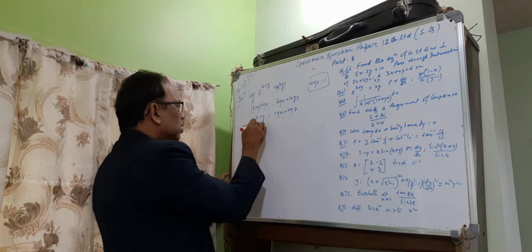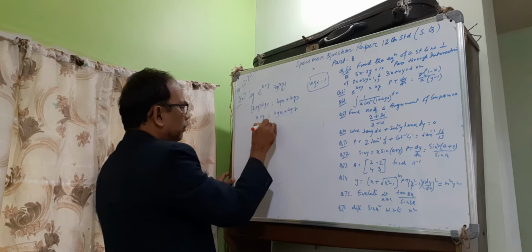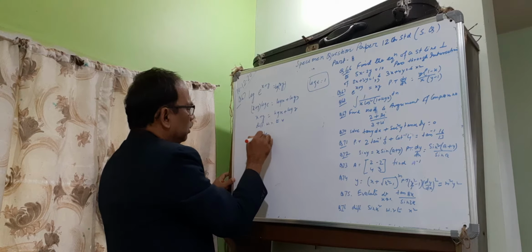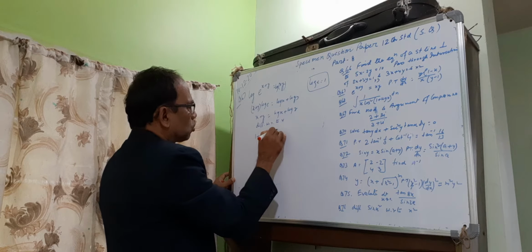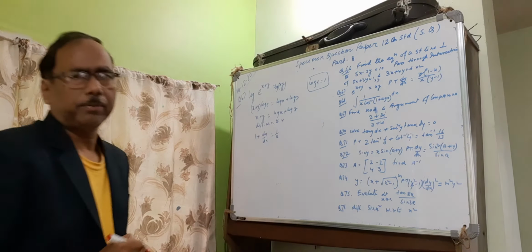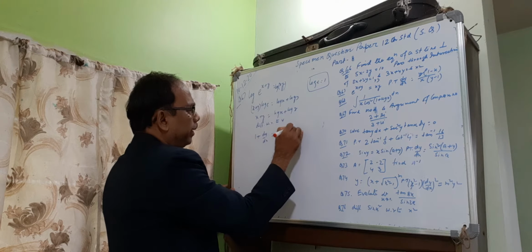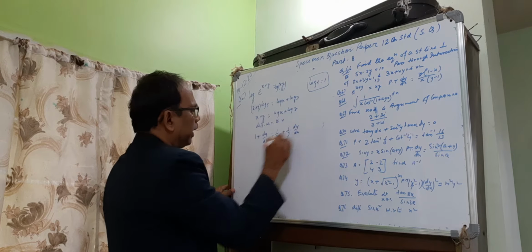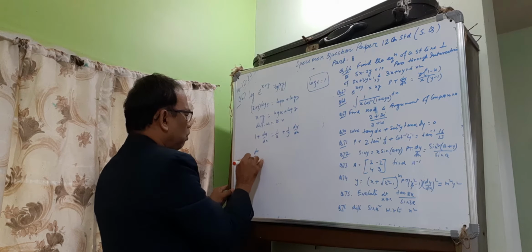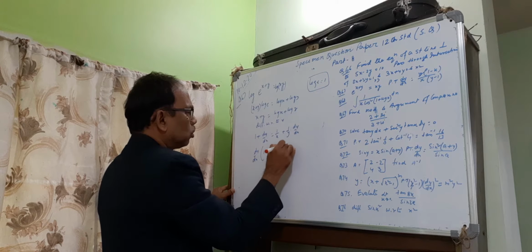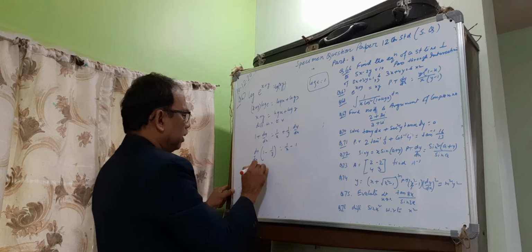Now differentiating with respect to x, 1 plus dy by dx equals 1 by x. Log x derivative is 1 by x, log y derivative is 1 by y dy by dx. Now dy by dx is common, 1 minus 1 by y equals 1 by x minus 1.